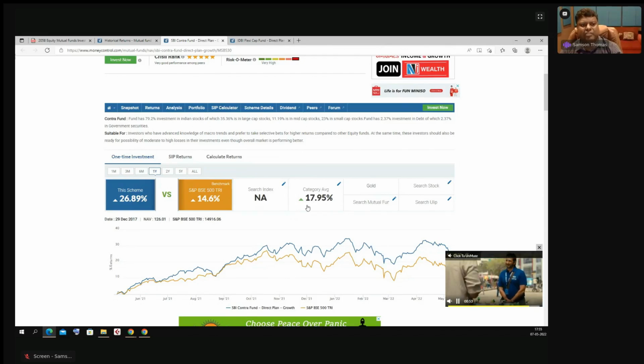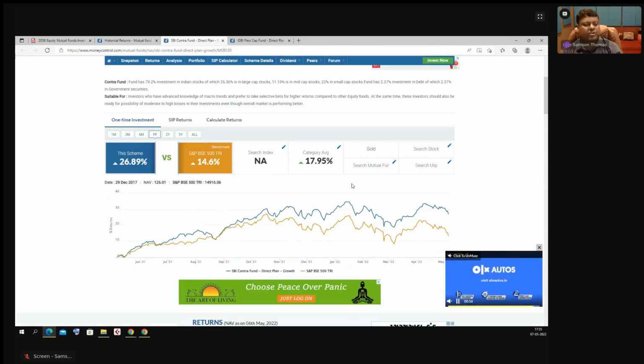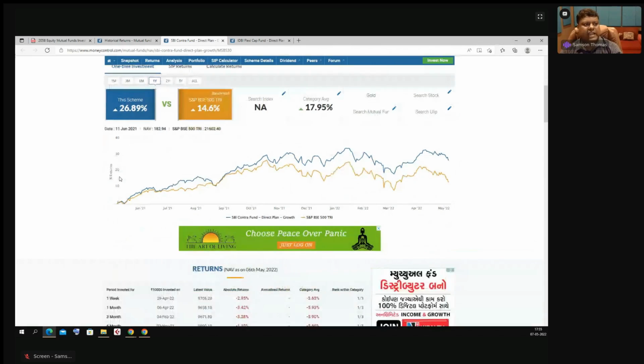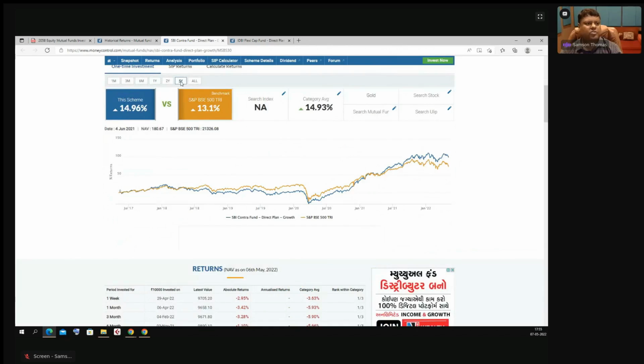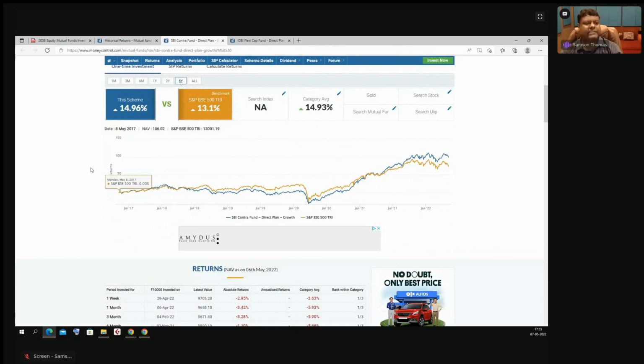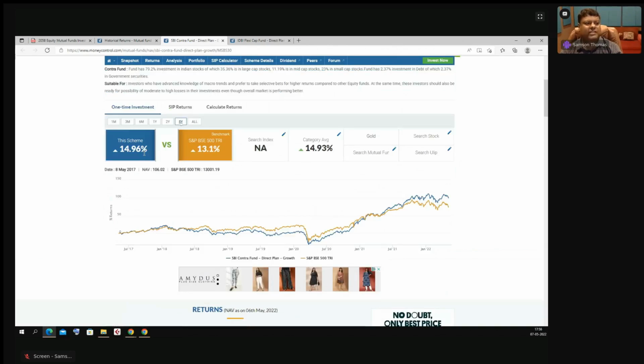The category of contra funds is giving 17.95 on an average, while SBI Contra Fund is giving 26.89 over the last 1 year. Let's look at 5 years: 14.93 and 14.96. This is a better comparison. So it is very close to the category over 5 years, and it has started doing better recently. So that is good.